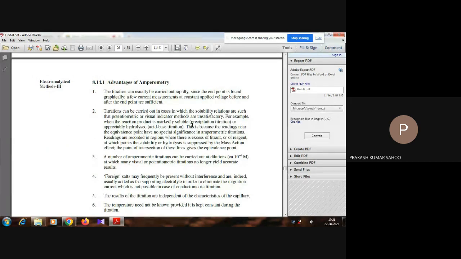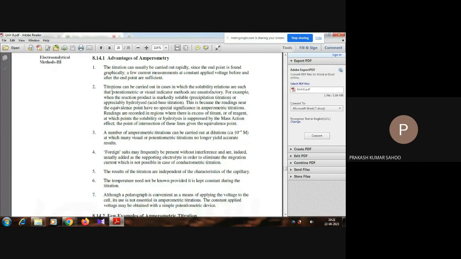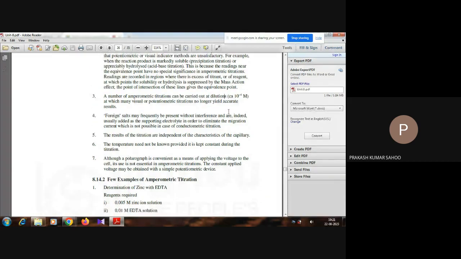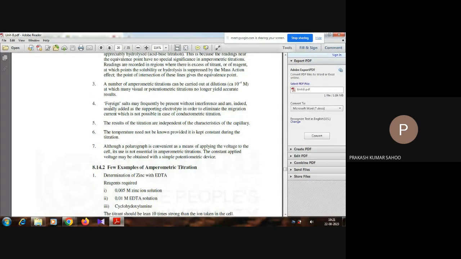So what are the advantages? It can be carried out quickly, where potentiometric or visual indicator methods are unsatisfactory. The result of the titration is independent of the characteristics of the capillary.